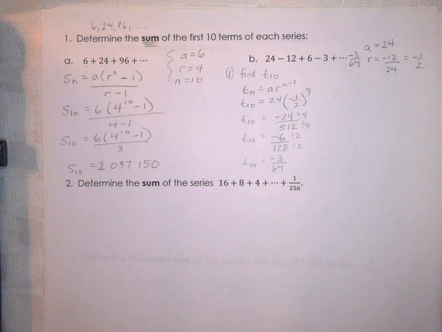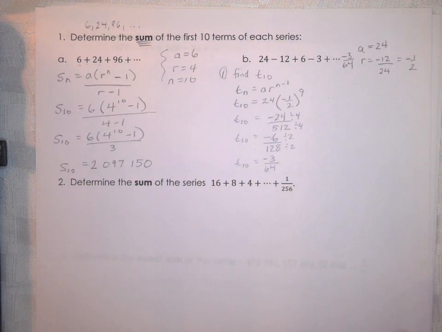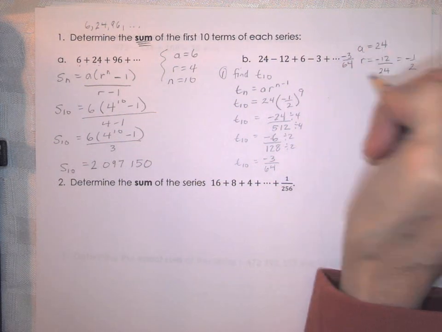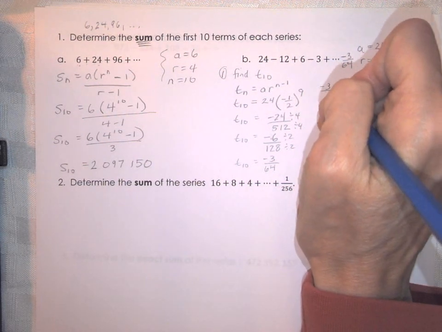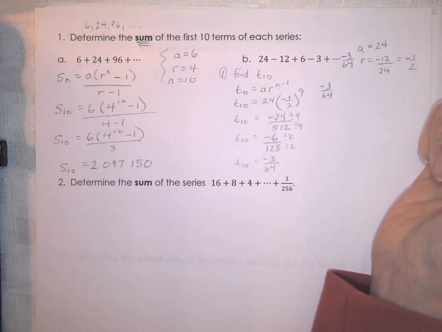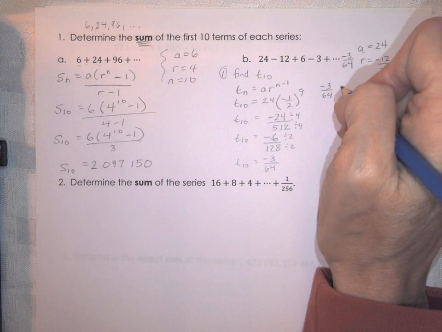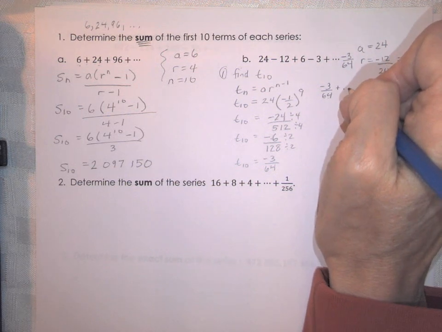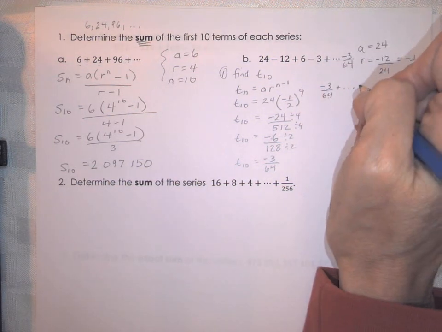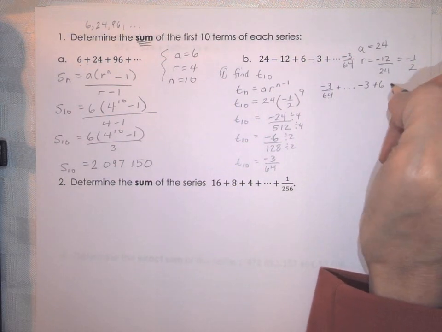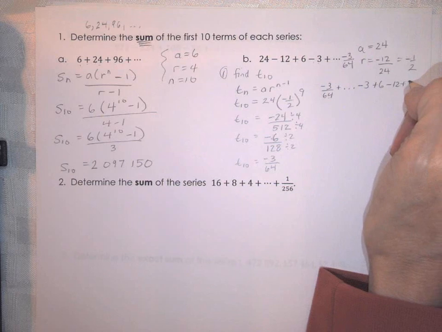And at that point, I can turn my series around, and I know that I can change it so negative 3 over 64 is my first term, A, and then it would be plus dot, dot, dot, and then minus 3. Remember the sign goes next, and then plus 6, and then minus 12, and then plus 24.